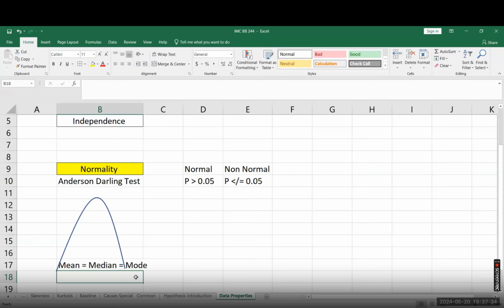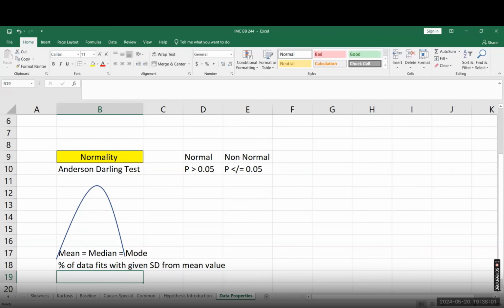So statistically, if I create a table, this says what percent of data fits within a given standard deviation from the average value or from the mean value.